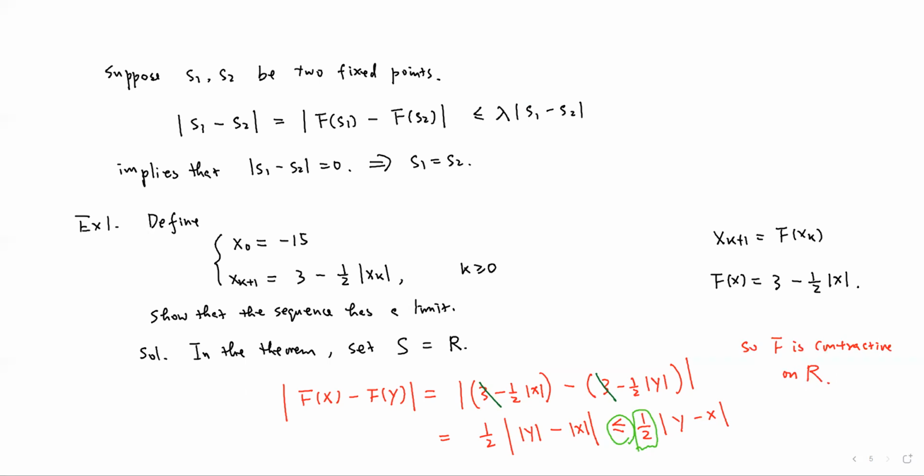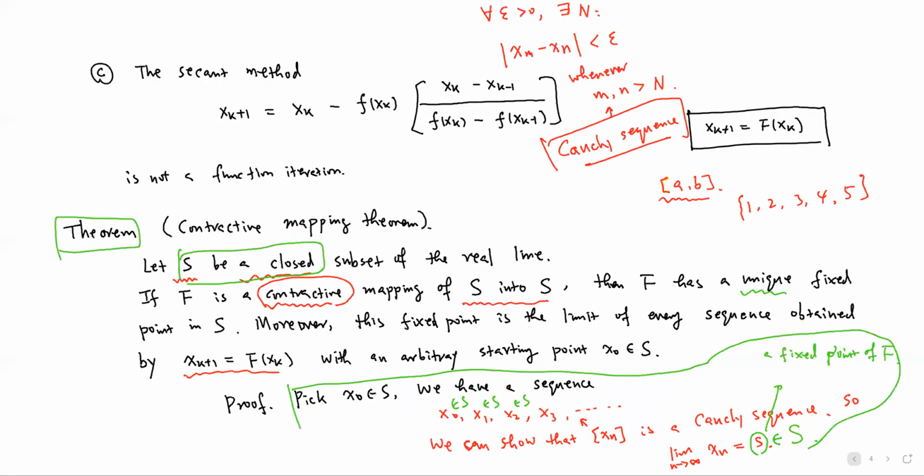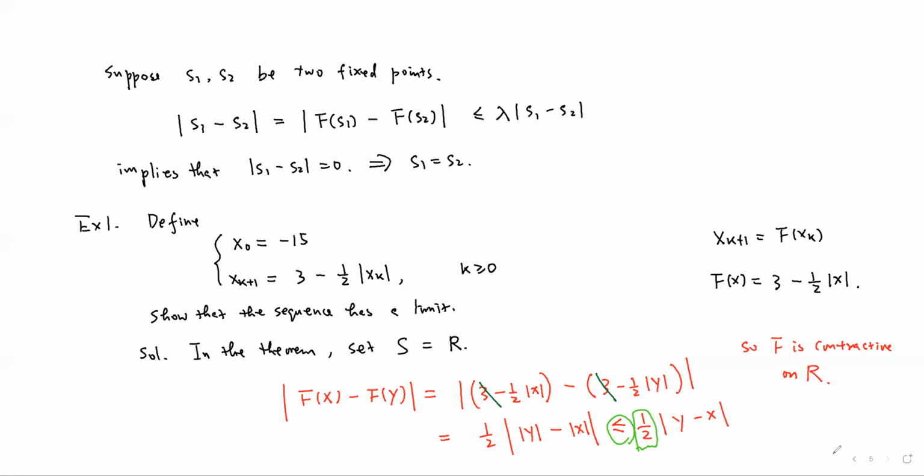Then the conclusion of the theorem: for any x0, the resulting sequence of this function iteration has a limit. The limit is the fixed point. So therefore, let me write the solution.